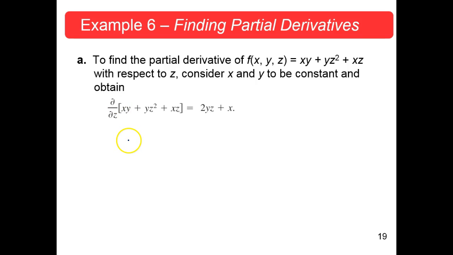Find the partial derivative of f, so there's the B part, f of x, y, z is equal to z times the sine of xy squared plus 2z, all the argument of the sine.